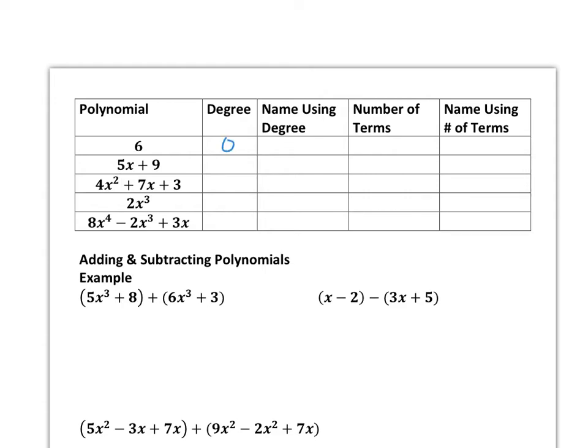Now, we also give some of these degrees special names. When something has a degree of 0, the name we use for that is just constant. All right, number of terms, well, that has one term, so we call this a monomial.